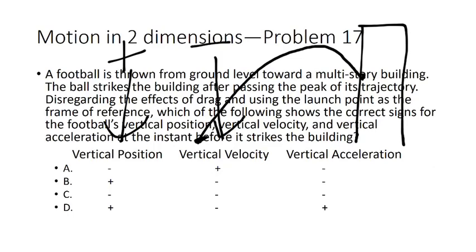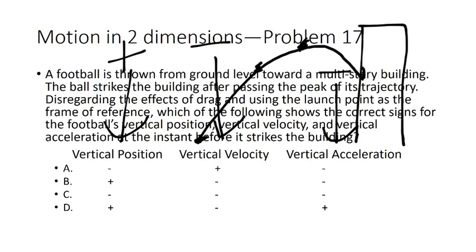It doesn't matter if we're talking about the beginning point or any other point. The ball is always accelerating, but only in the downward direction because the net force causing that acceleration is gravity. Regardless of where we're at in this trajectory, the acceleration is always down, which means this column should be negative.